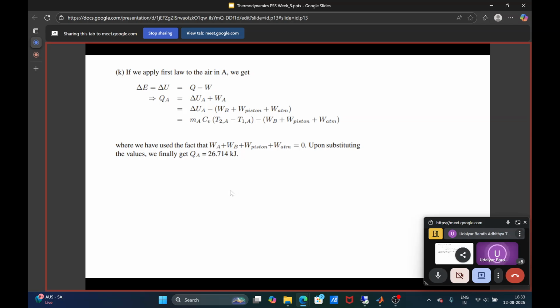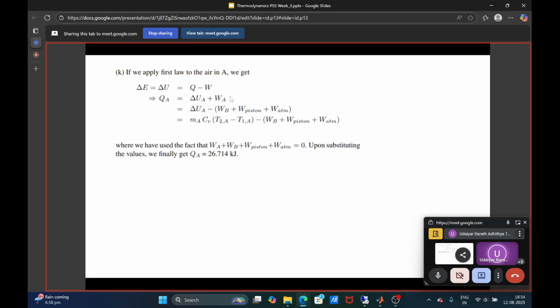So next we need to find out how much heat has been supplied. So for that, delta U is Q minus W. So we know the initial and final temperature, and the work done by A can be calculated based on W system plus W surrounding equals 0, so the sum of all works.